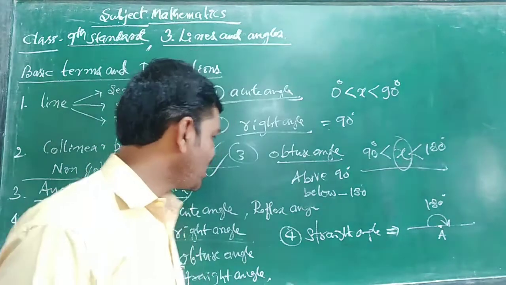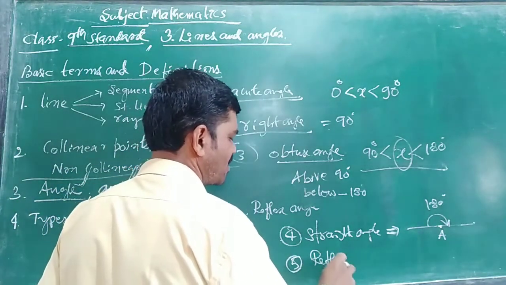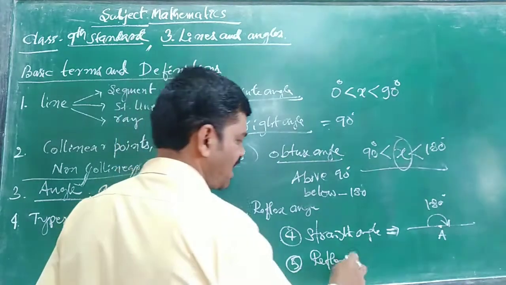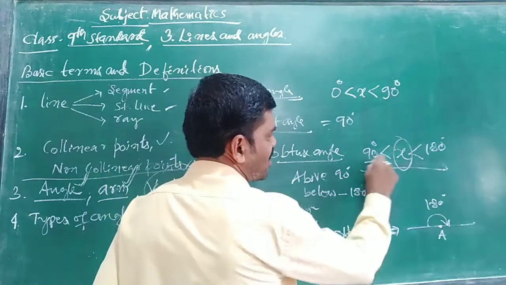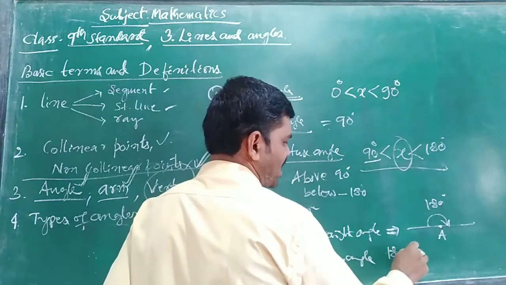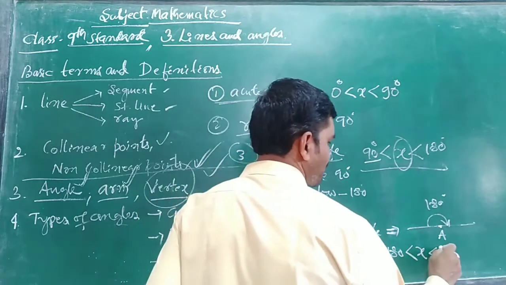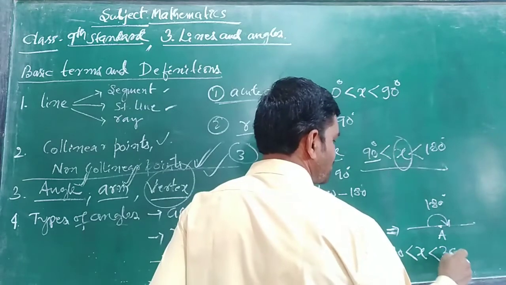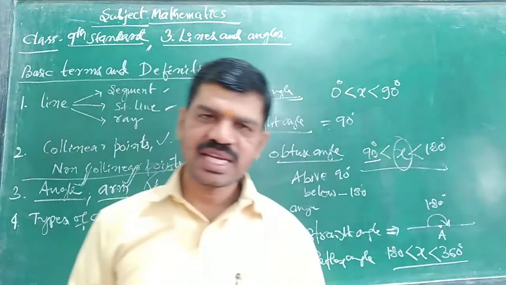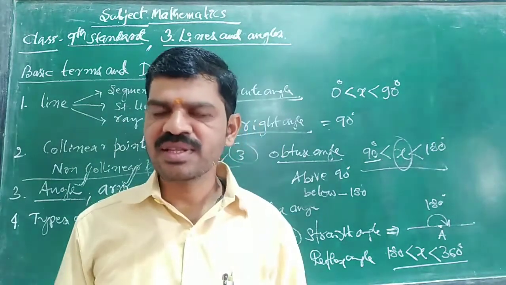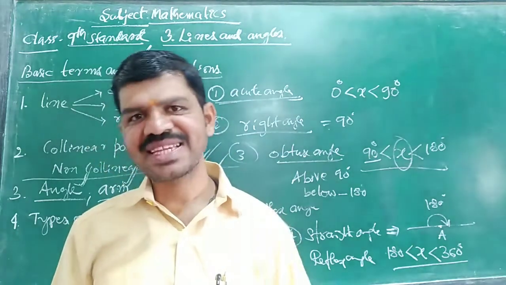Okay, and reflex angle, last one, fifth one. Reflex angle is: 180 degree is less than x, which is less than 360 degree. An angle which is above 180 degree and below 360 degree, these types of angles are called reflex angle.